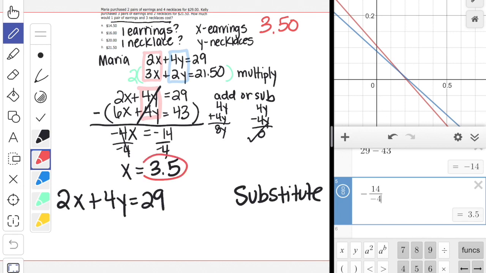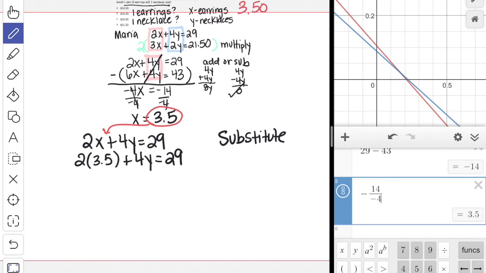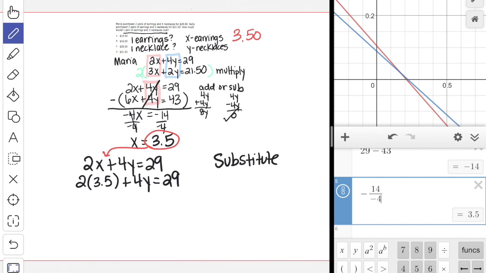So x was 3.50, and I'm going to substitute it for the x in that problem. That's going to give me 2 times 3.5 plus 4y equals 29. So this is going to be 7 plus 4y equals 29. And we're going to solve it.